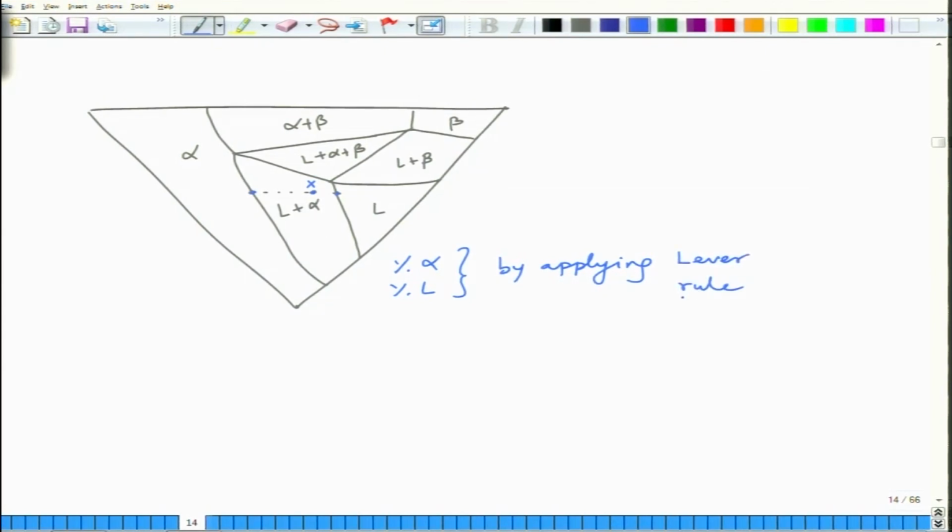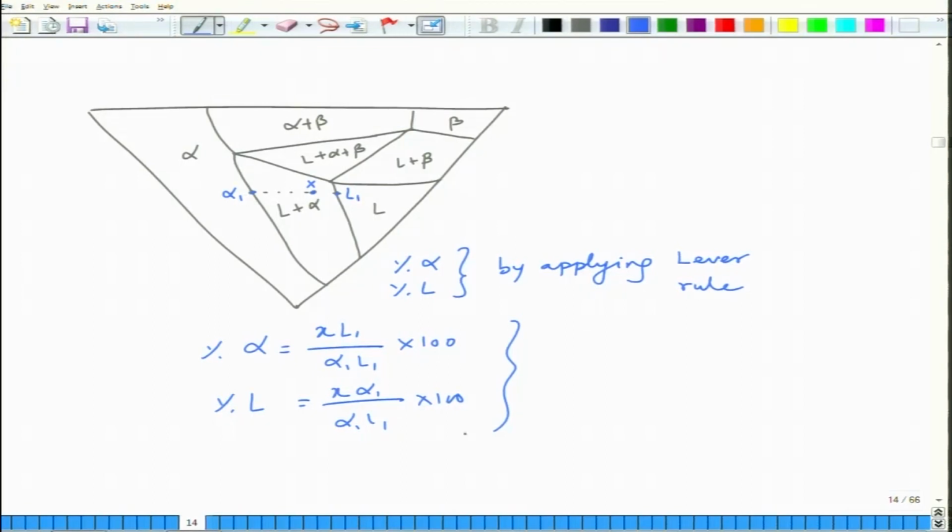Let us say this is alpha 1, this is L1. Percentage alpha would be X L1 divided by alpha 1 L1 into 100, and percentage liquid would be X alpha 1 divided by alpha 1 L1 into 100. This is how you can determine the composition of the phases as well as the proportions of these phases.